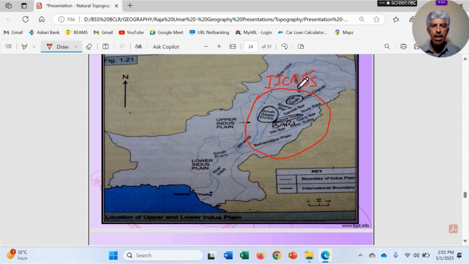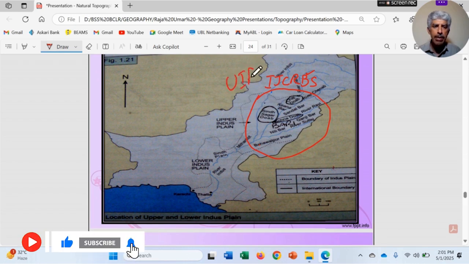Then Indus, Jhelum, Chenab, Ravi, Beas, and Sutlej. So these rivers, they irrigate whole of this area, making it Upper Indus Plain.